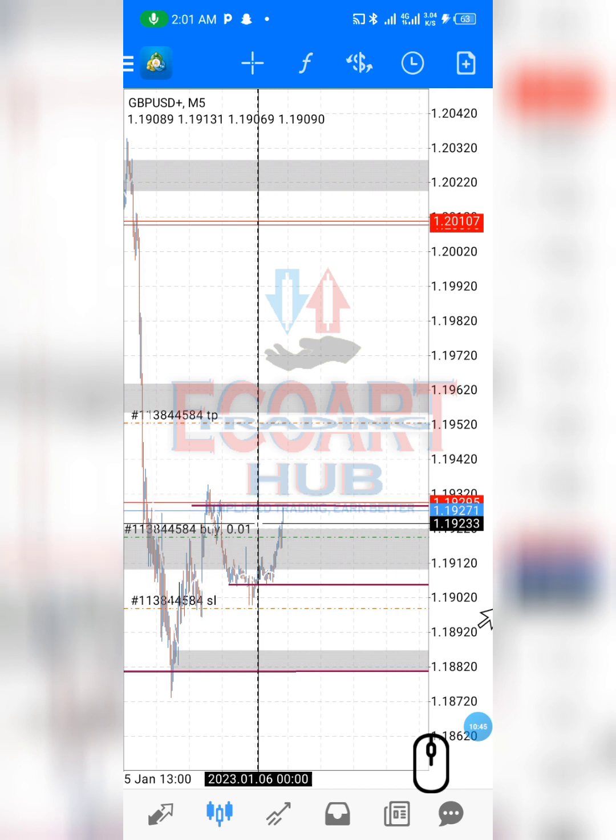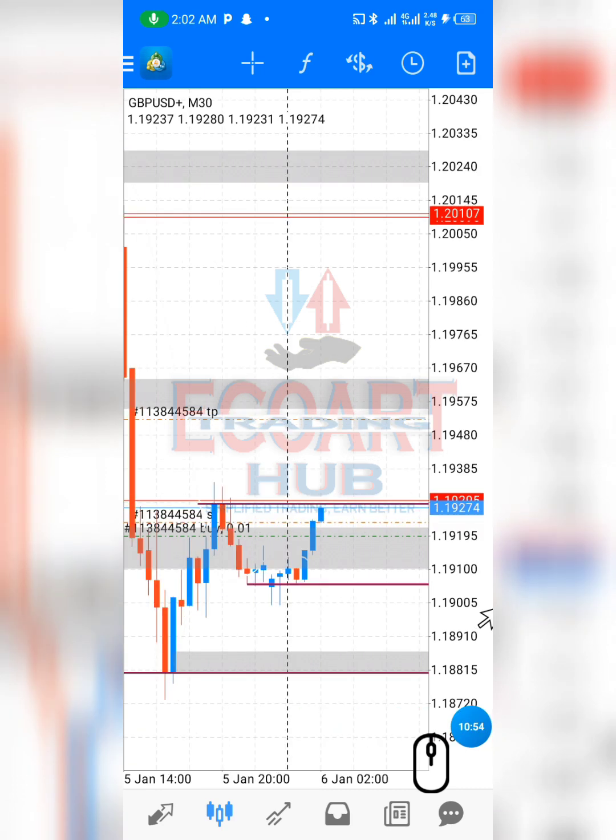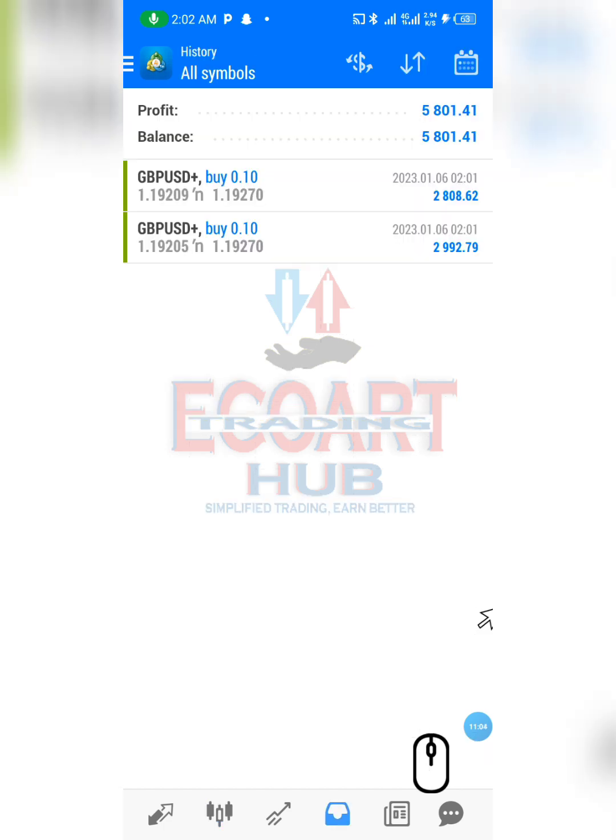So I'm going to lock this trade at break even, while we're expecting it to hit take profit, and we had already made a profit of 5k scalping.